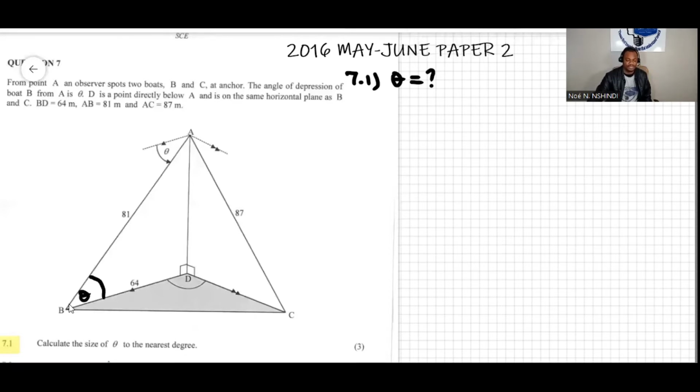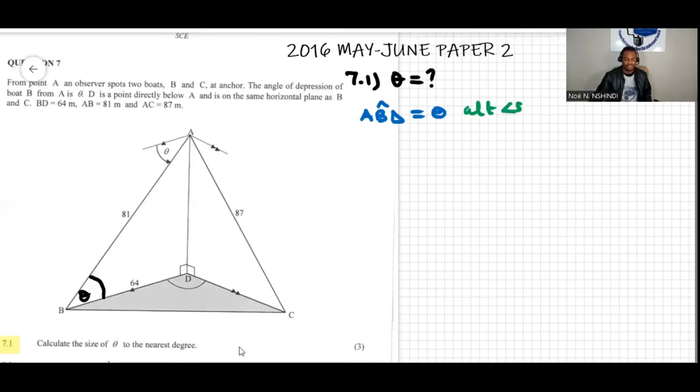You notice the form is like a Z here. So we can say that angle ABD equals theta. The reason is alternate angles.